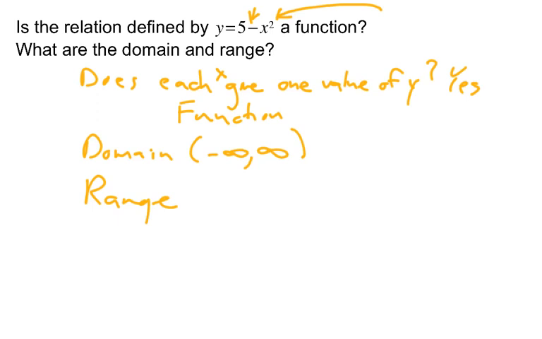That means that the biggest value that y could ever take on would be 5, because otherwise I'm taking away something from it. If x were 0, in fact, my y would be 5. But anything less than 5 is possible as well. If you follow that, and again, this may take some building of confidence, I believe we could say that the range is negative infinity to 5.